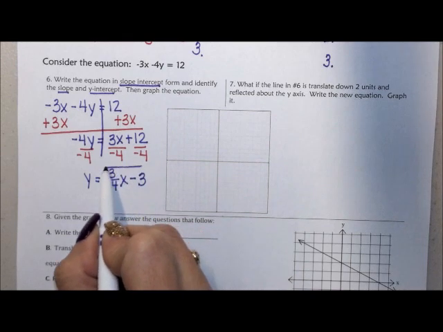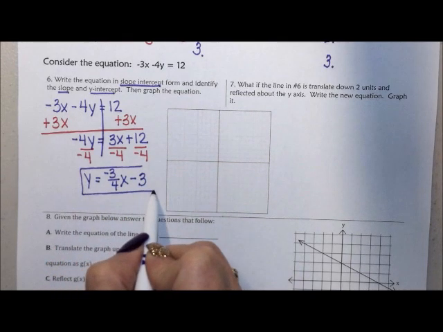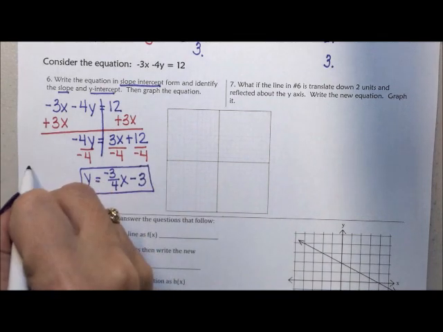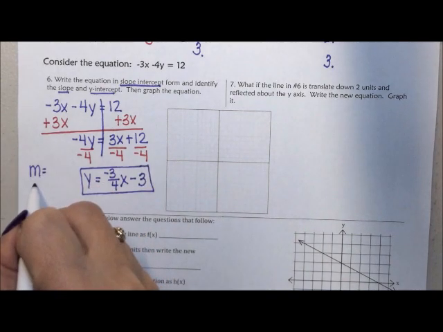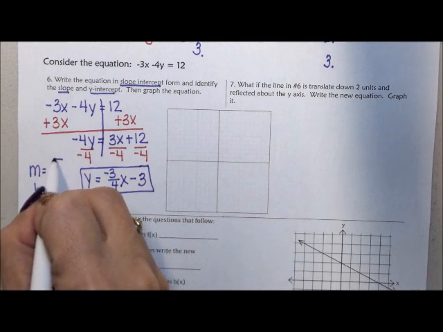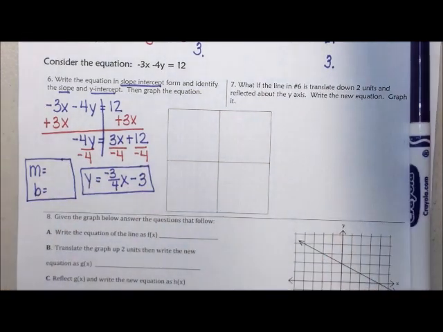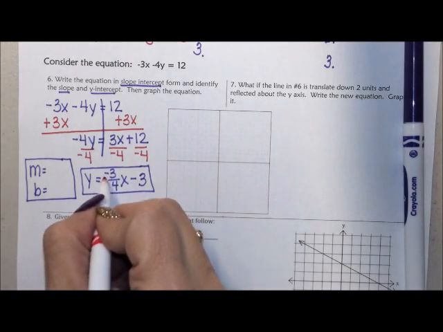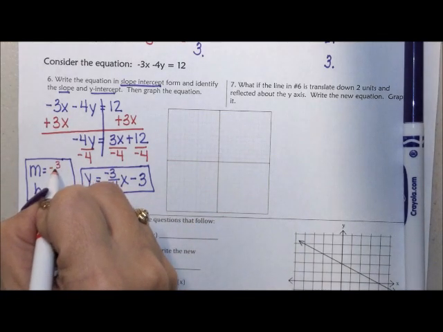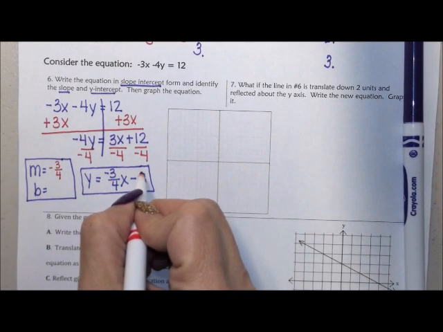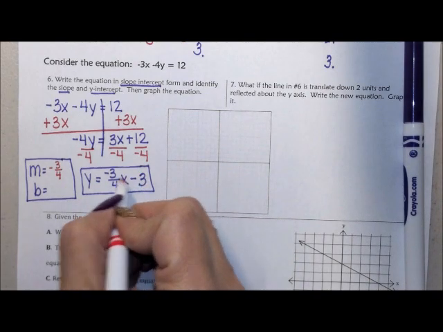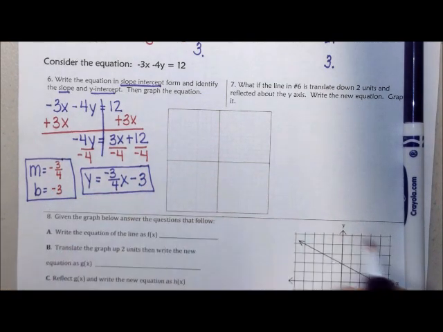All right, so here's my equation. Now, what's my slope? What's the y-intercept? The slope I can see is right here in the front. It's -3/4. The y-intercept is that whole term right there, -3.